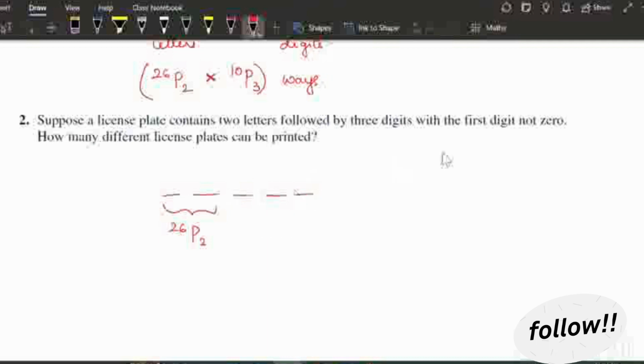In these three digits, first digit is not 0. Means for the first digit, how many options do I have? I have only 9 options, because from 0 to 9 we have 10 digits, and first digit, since it cannot be 0, I have 9 different options available.